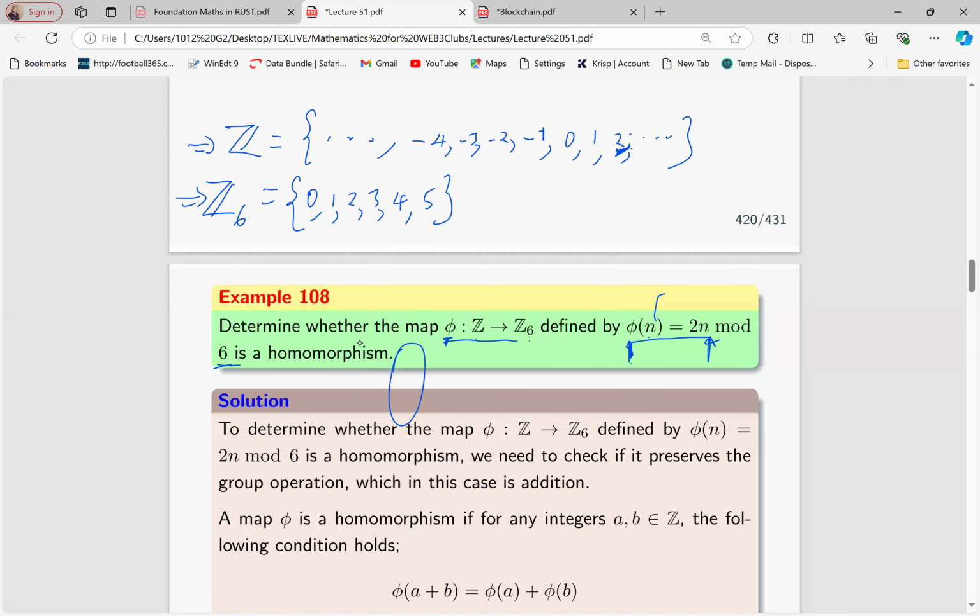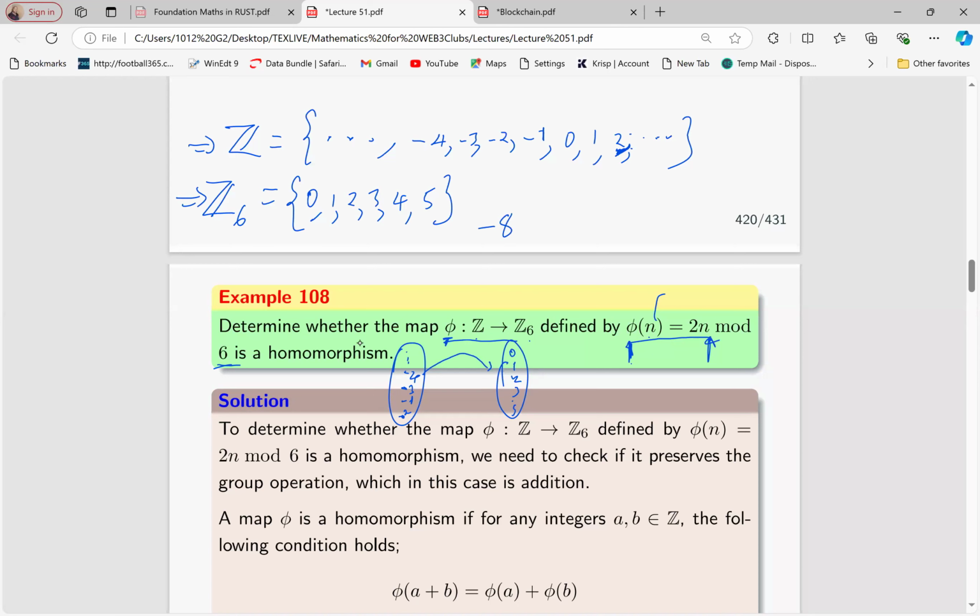So what we are doing is we have this set. This is our Z. It has all these elements: -4, -3, all the way to 1, and then 2, and so on, and 0. And you are mapping to Z6, which only has 0, 1, 2, 3 up to 5. So the question is, where will -4 be mapped? -4 is supposed to be mapped to 2 times -4, which is -8.